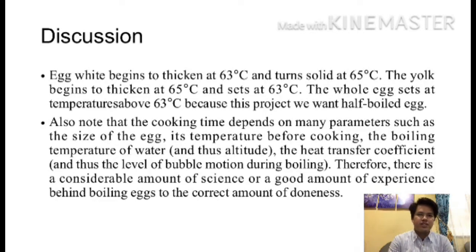Also note that the cooking time depends on many parameters such as the size of the egg that we use, its temperature before cooking, the boiling temperature of water and thus altitude, the heat transfer coefficient, and thus the level of bubble motion during boiling. Therefore, there is a considerable amount of science or a good amount of experience behind boiling an egg to the correct amount of doneness.